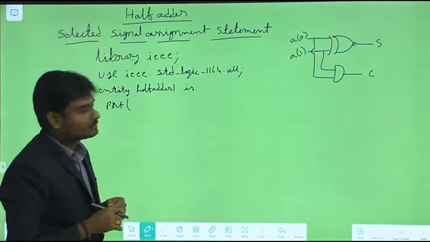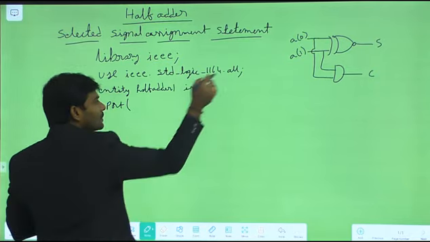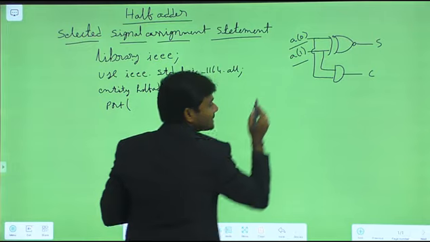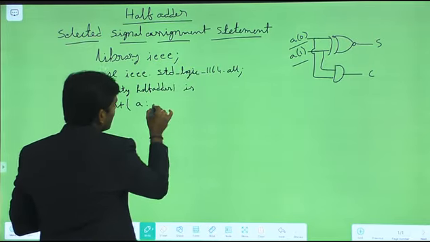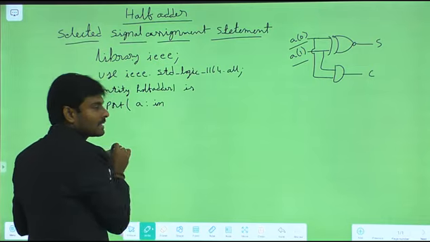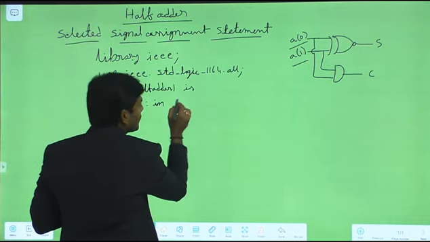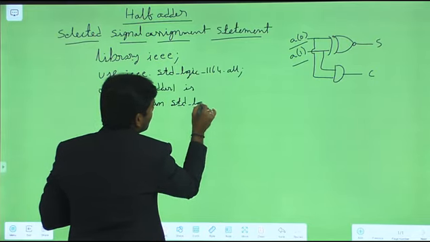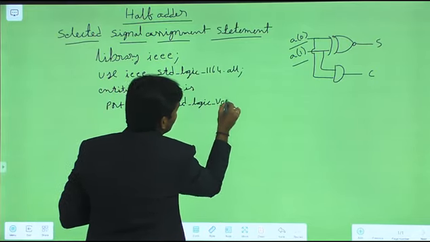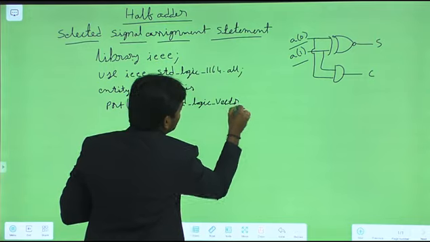Here the input I mentioned as an array: A, colon, mode is in. The signal type, because it's an array, is std_logic_vector.